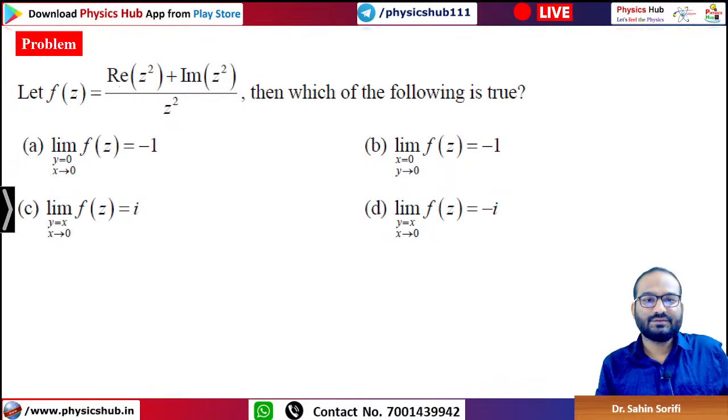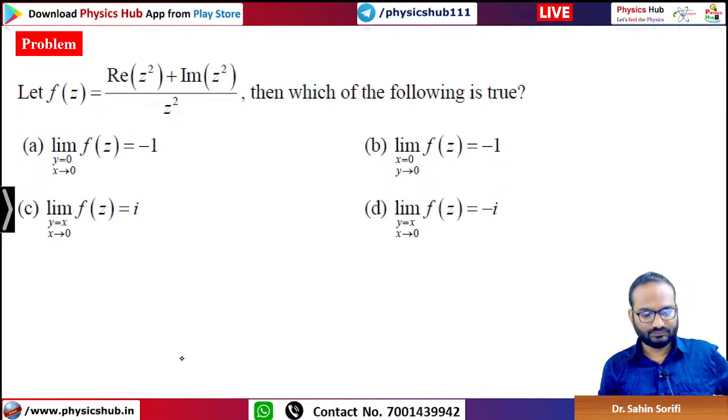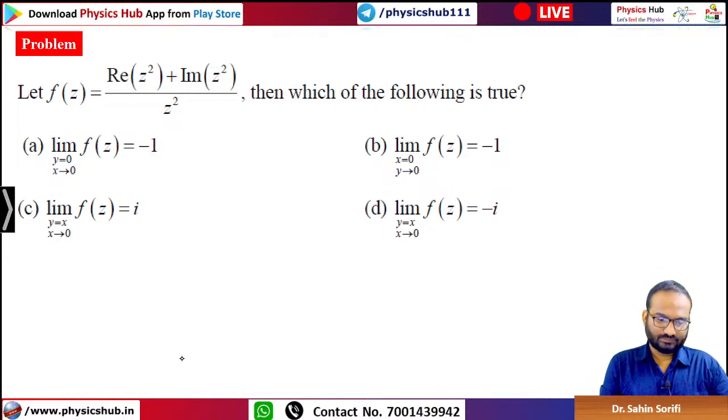Let f of z equal the real part of z squared plus the imaginary part of z squared, divided by z squared. Then which of the following is true? Can you do this problem?